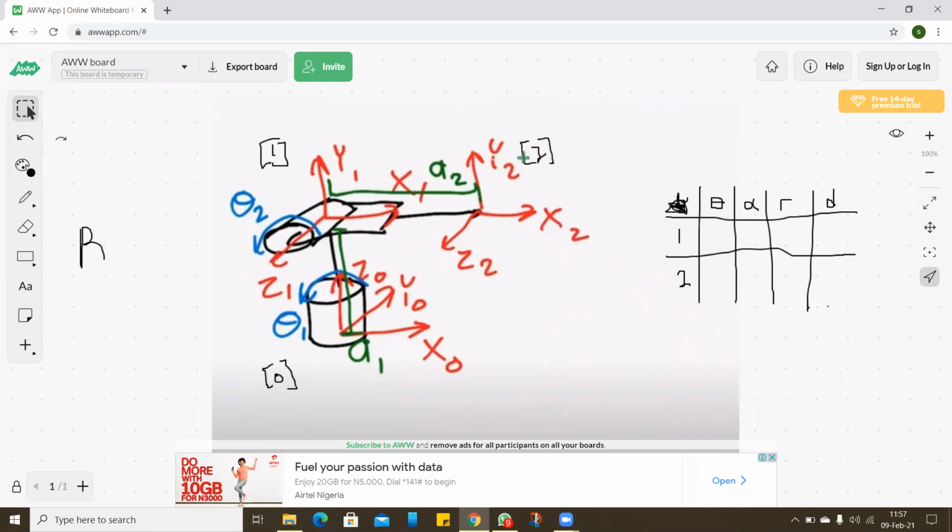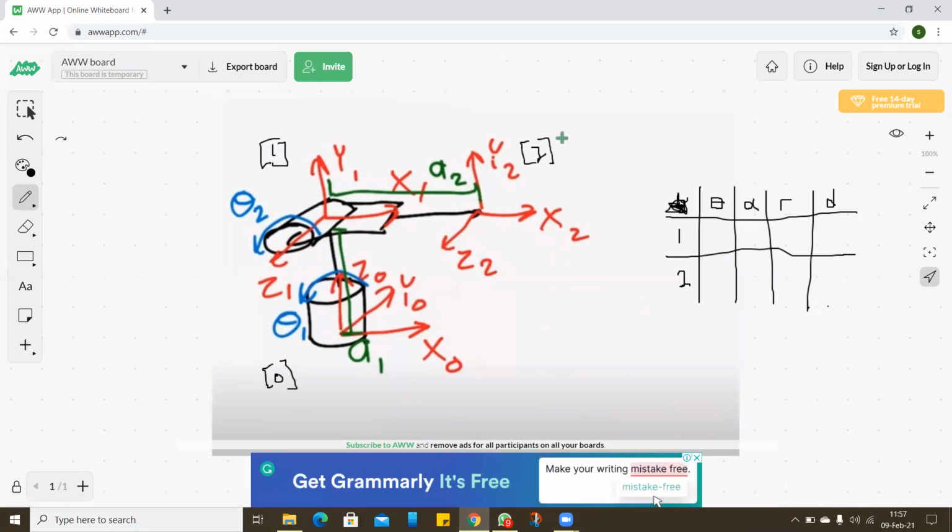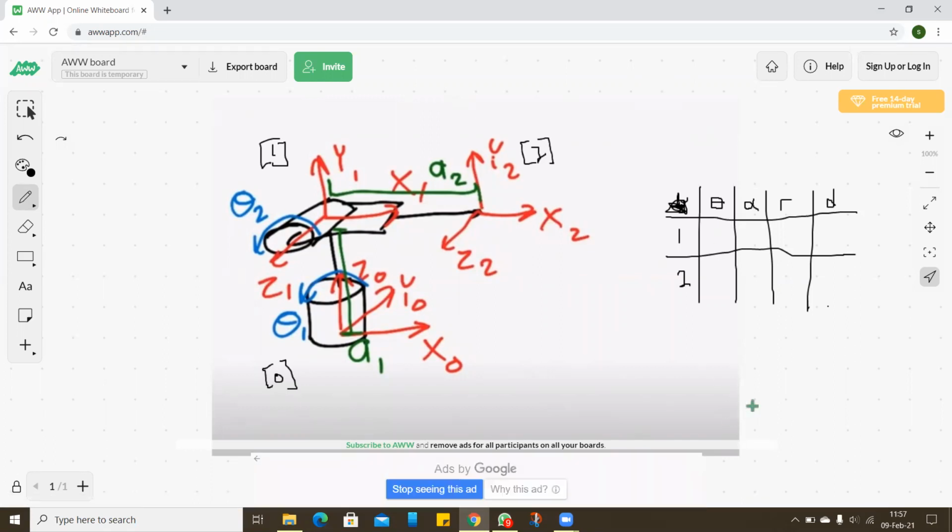So let's proceed. There are many definitions. I cannot start saying everything. They'll start telling you that the direction of the joint axis is taken about z n-1. I think it will be too stressful to cram all those things. So I'll just be explaining it and you get it instead of cramming those definitions.